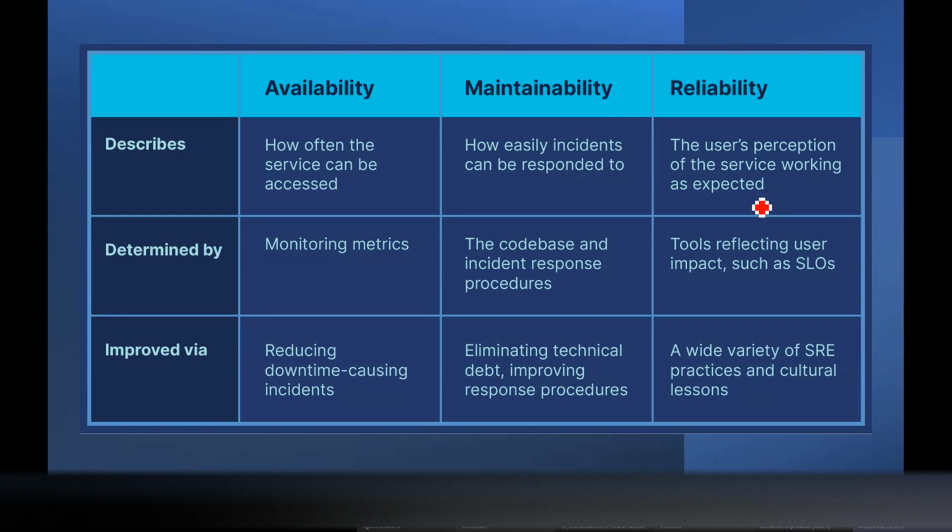This is reliable: it works as expected. That's the difference. Available means your system is working in a given period of time. Reliable means the system is working as expected.